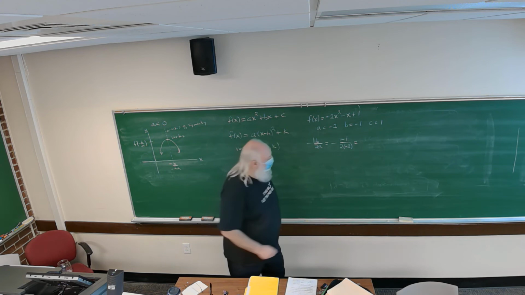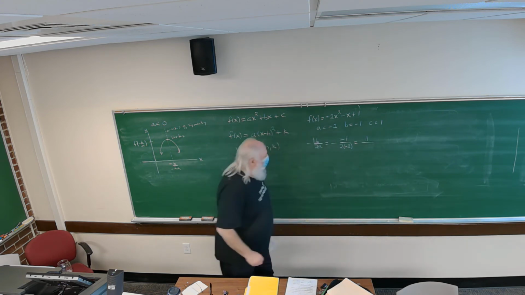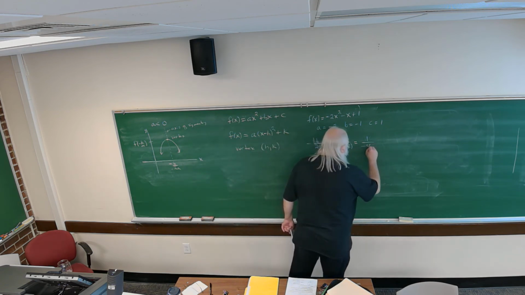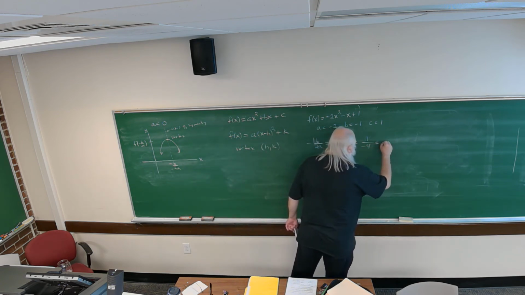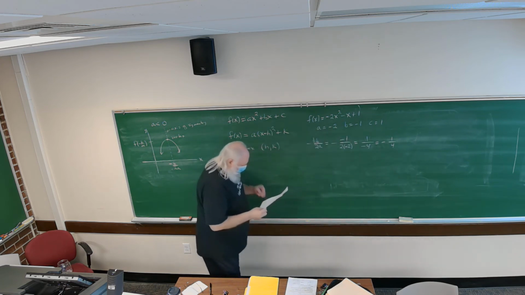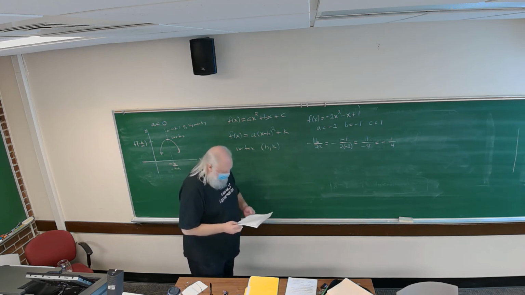Negative is positive. So negative 1 is plus 1. And 2 times -2 is -4, which we can write as minus 1/4. So that's the x coordinate for the vertex.